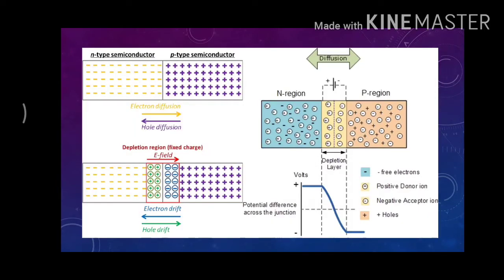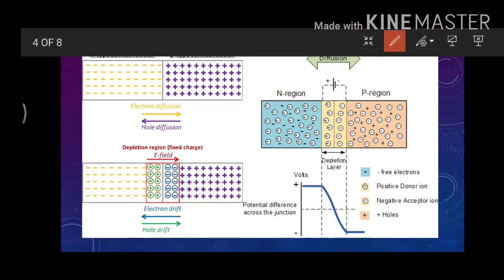Now let's discuss this in a little more detail for better understanding. Here we can see a wafer which is doped with p and n type. This side is p type doped and this side is n type doped. The purple plus signs are holes and the yellow negative signs are free electrons.